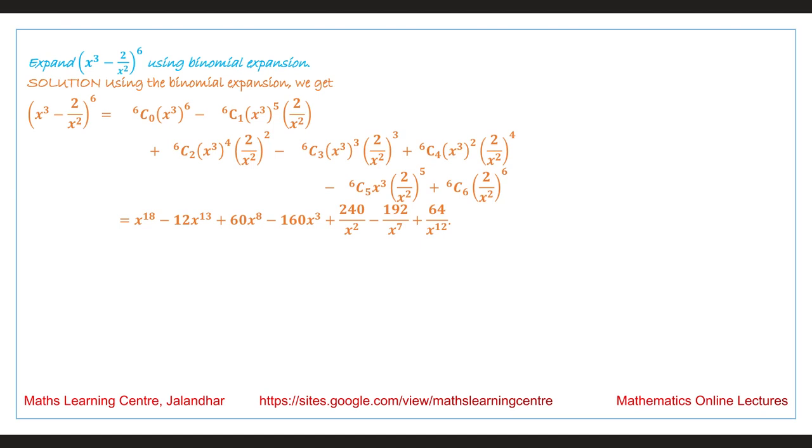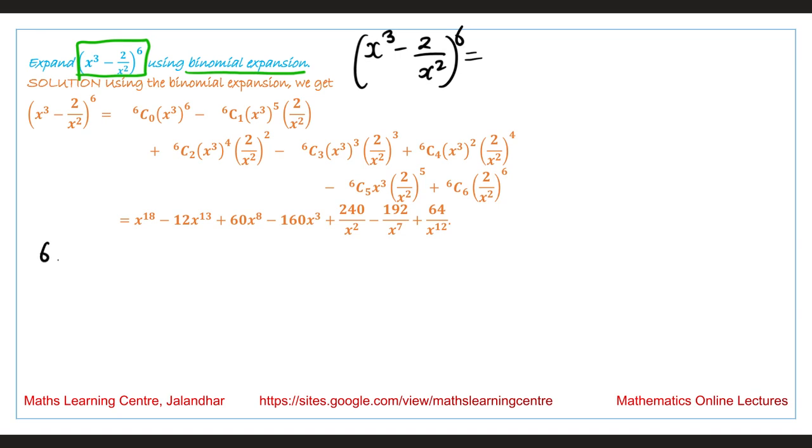Next is expand using the binomial expansion. We have to expand this term: (x^3 - 2/x^2)^6. We are saying it is power 6 over here, and we want to expand this.